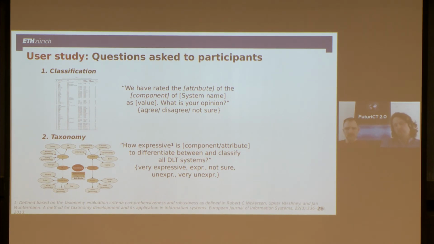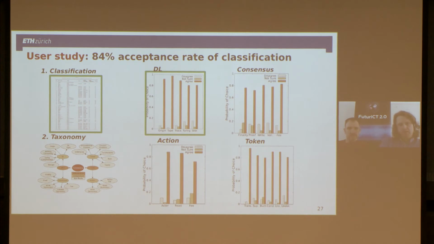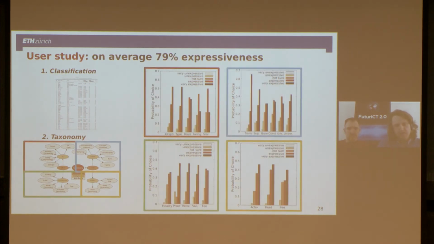And this is also useful to differentiate between these systems. And on average, we obtained an 84% acceptance rate for the classification. And for the taxonomy, on average, 79% of expressiveness.